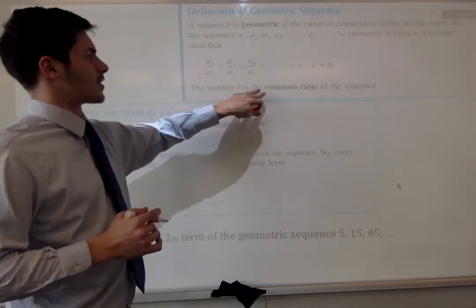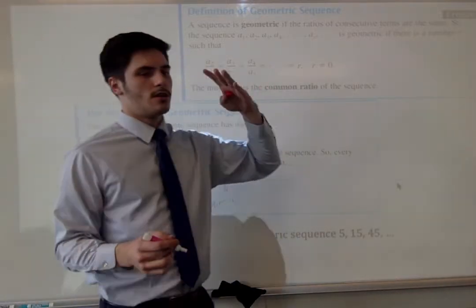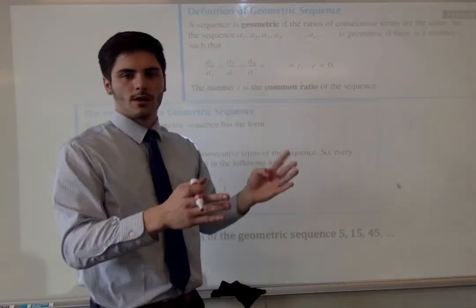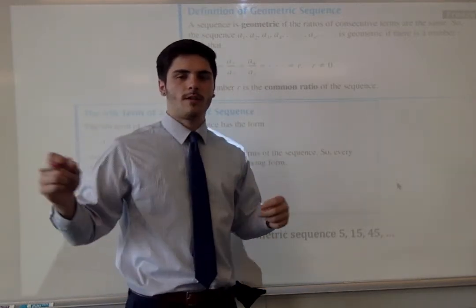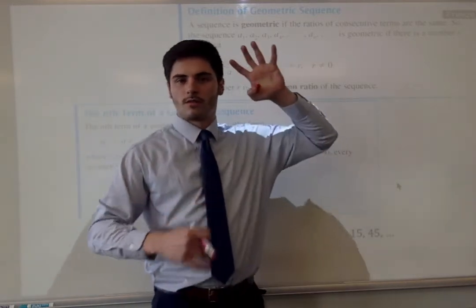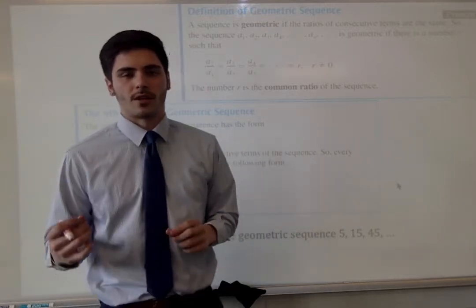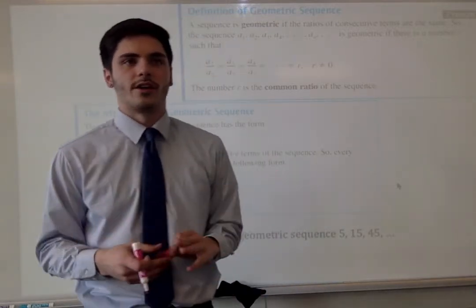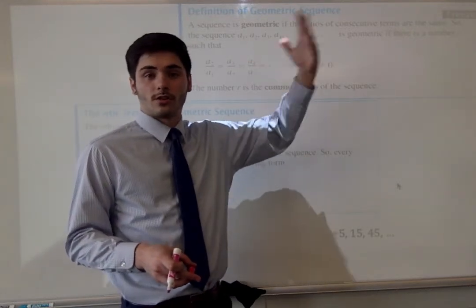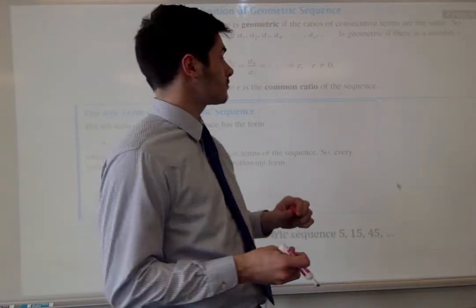So the number r is the common ratio of the sequence. So the term divided by the previous term, if those are all similar throughout the whole sequence, then that number, whatever second term divided by first term is, is going to be r, because that r is going to be the same whether it's second term divided by first term or a millionth and first term divided by the millionth term.